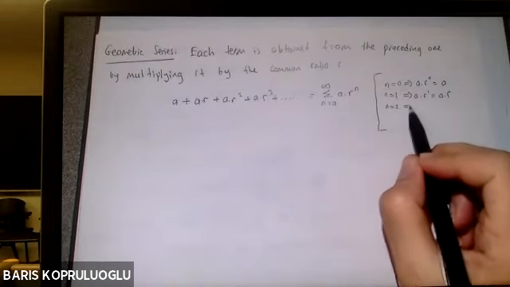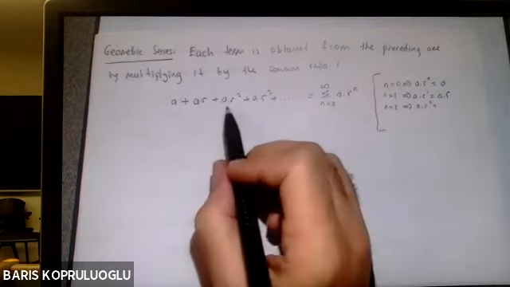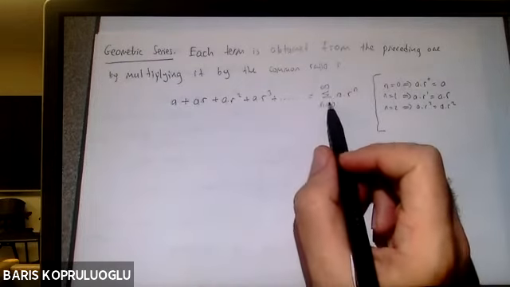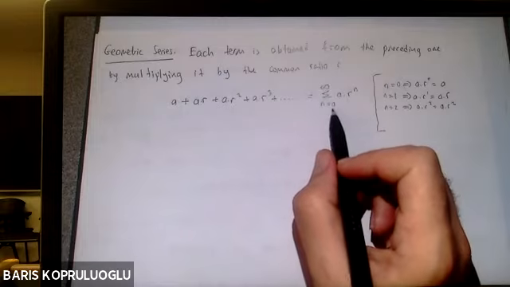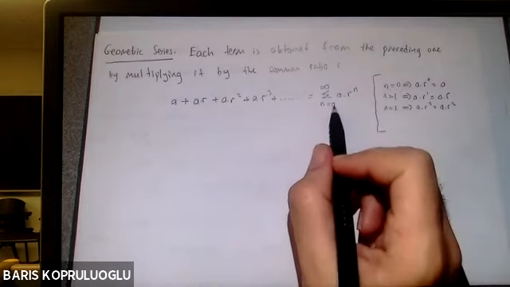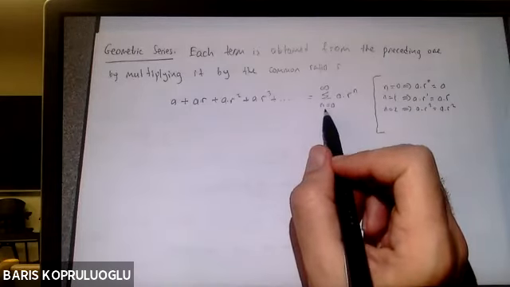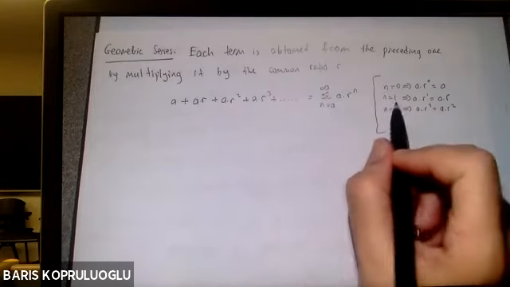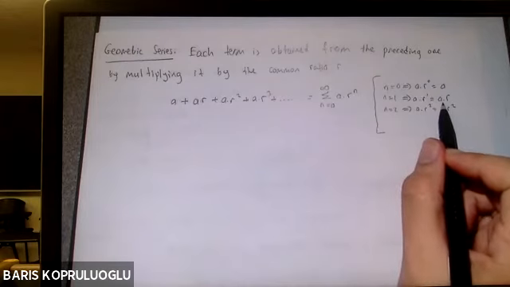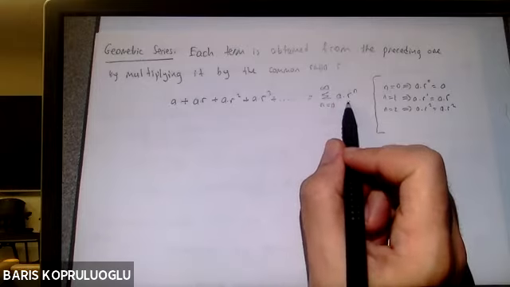When n is 2, a times r squared is the third term. So the general term is correct, and the lower index should give you the very first term when you plug it in. That's how we double check if the general term of the series is correct.